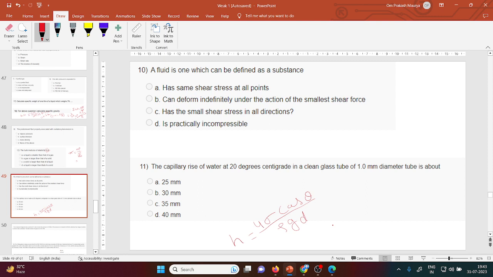Here some data is not given. You know already the surface tension of water at 20 degrees Celsius, you can take it as 0.07 Newton per meter.